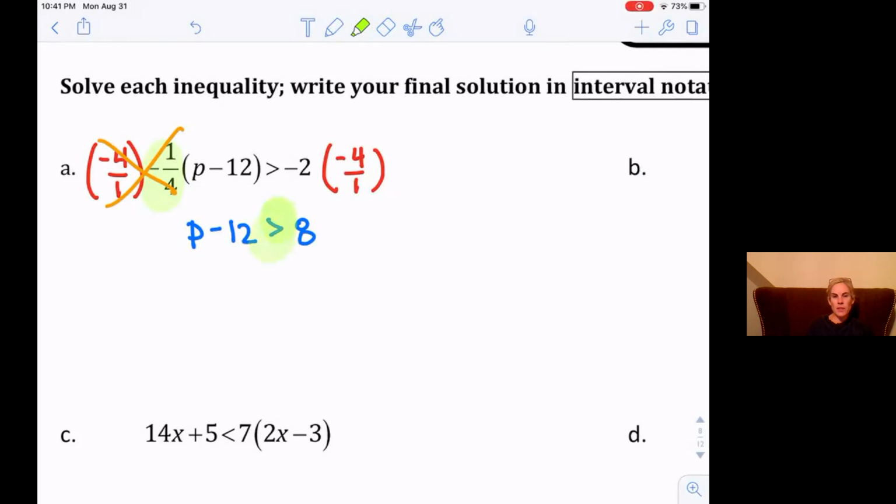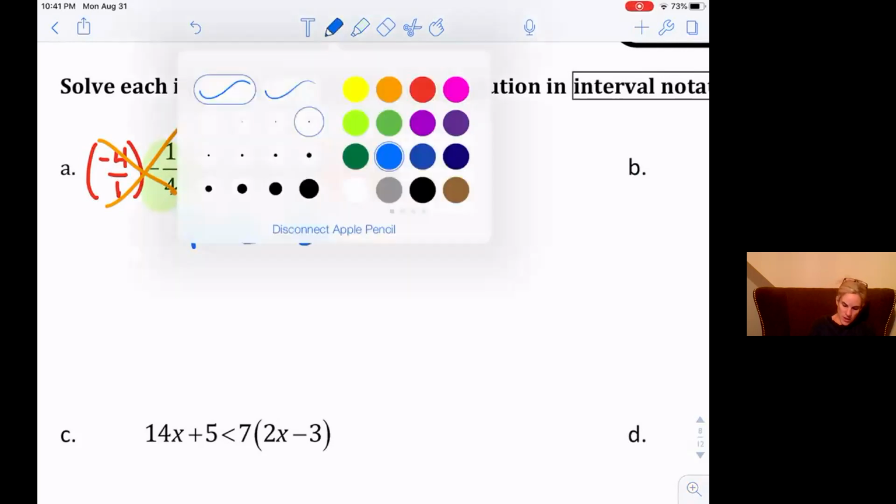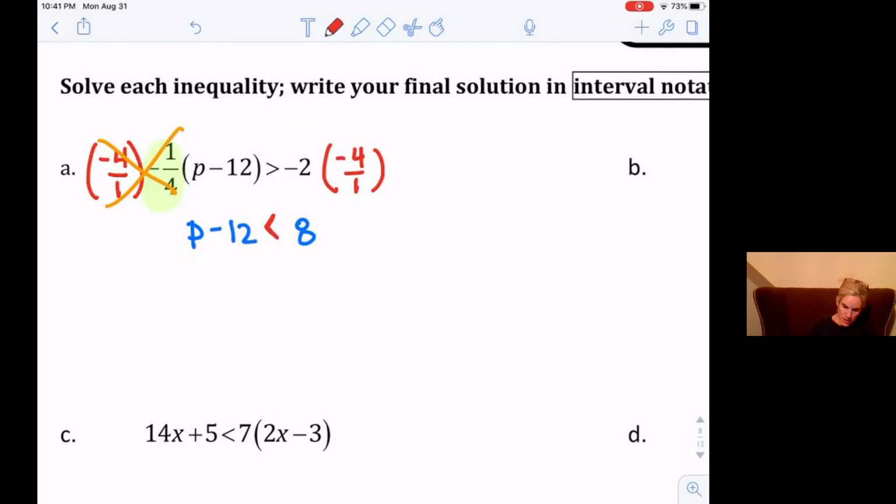This inequality symbol here, this should flip direction. And the reason why it should flip direction is because we multiply both sides of that inequality symbol by a negative number. So when you multiply or divide by a negative, your inequality sign is going to change direction. So this should actually change direction.